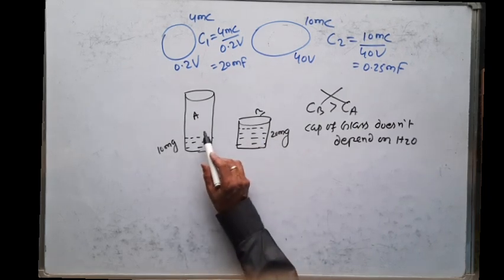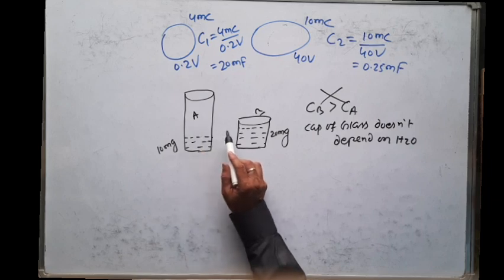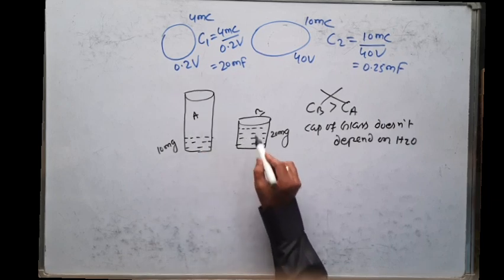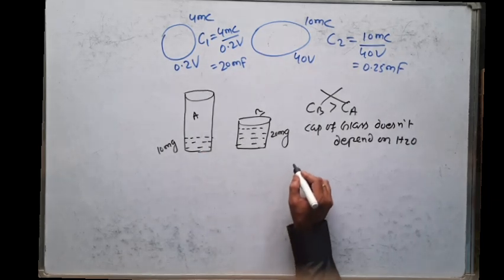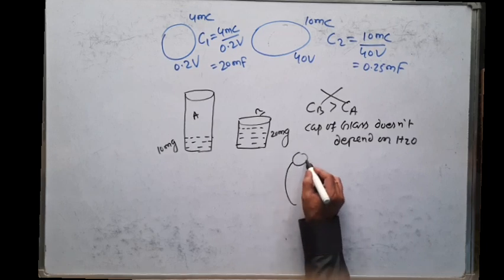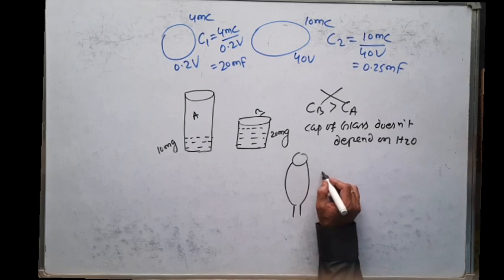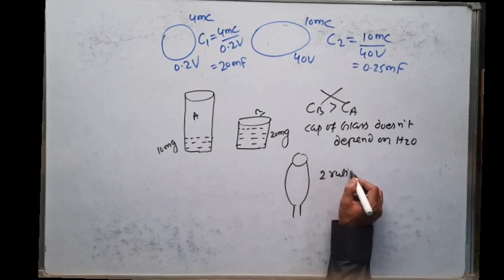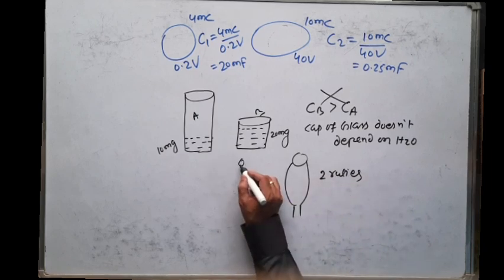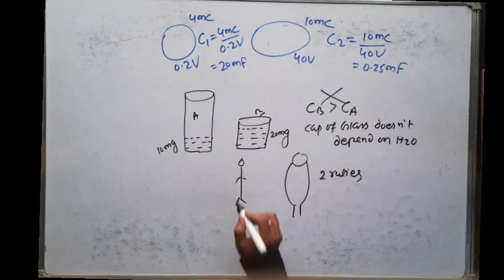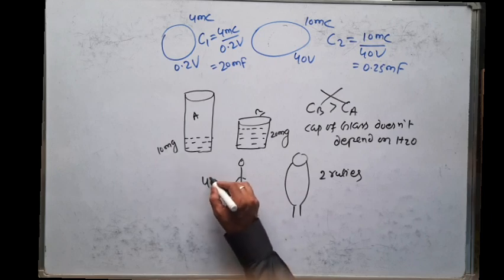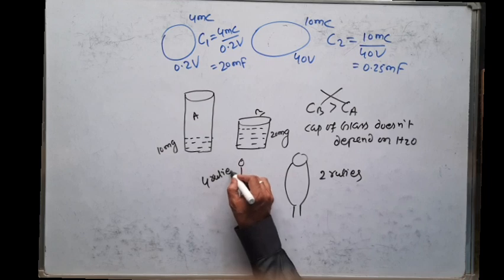Suppose, for example, this is a very fat man who takes 2 rotis at dinner, and this is a very thin man who takes 4 rotis.